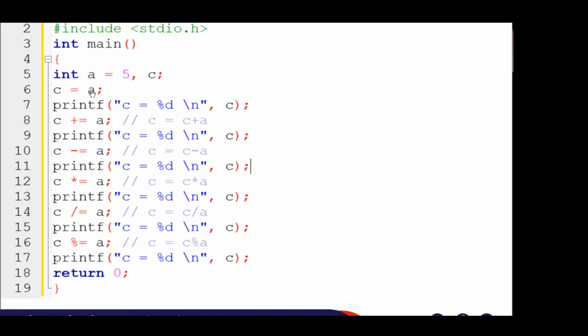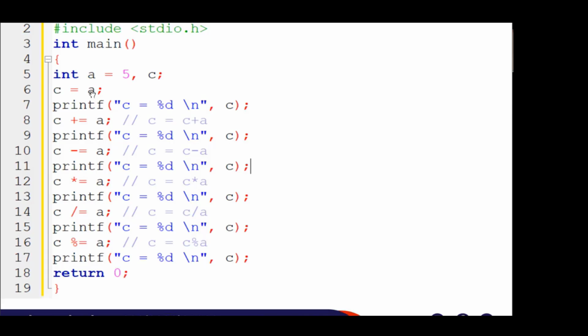Then in line 10, because the current value for c is 10, if a, which is 5, is subtracted from that, we would get 5 for the value of c in line 10.